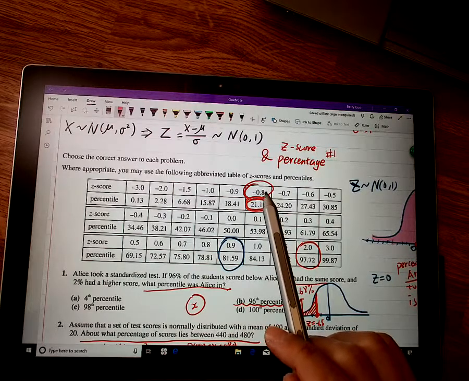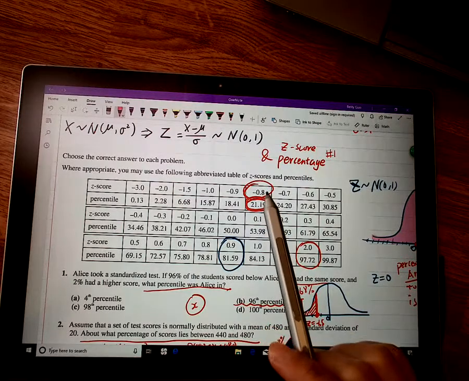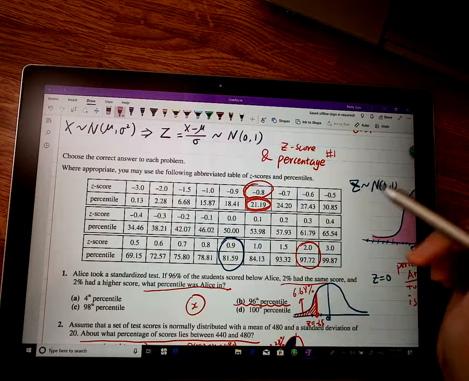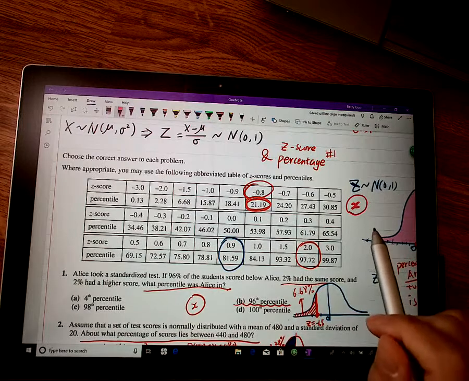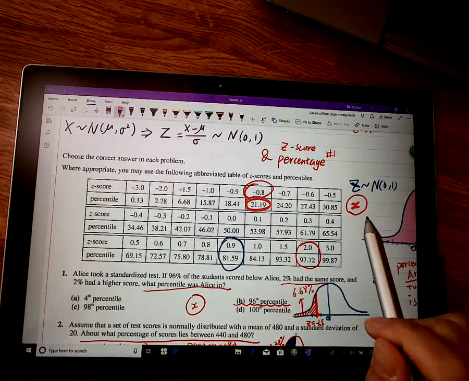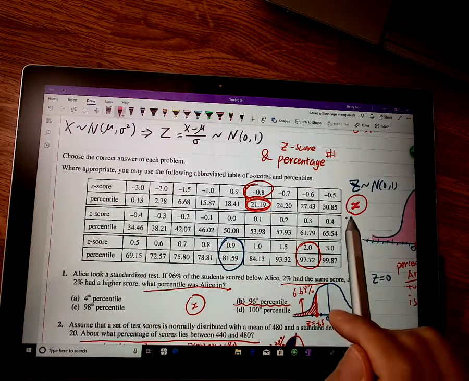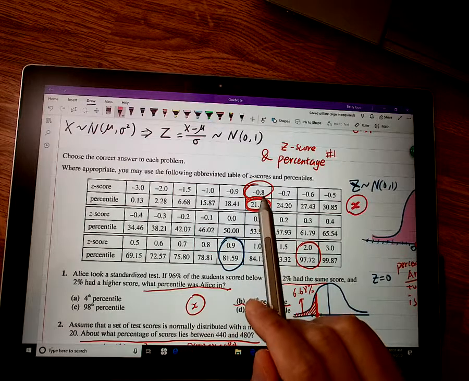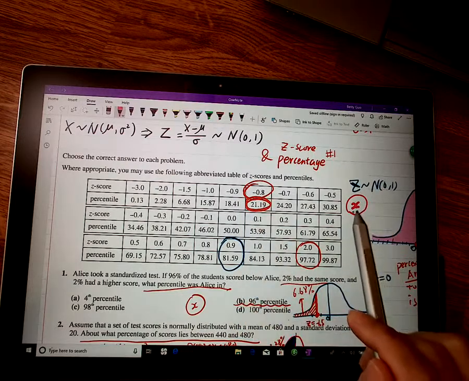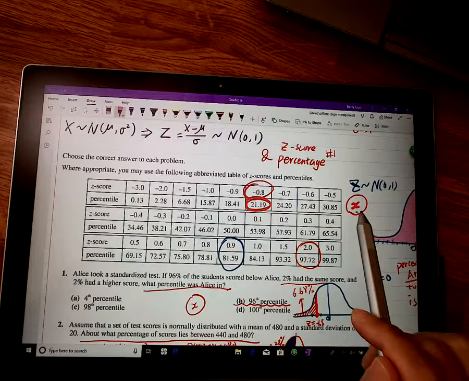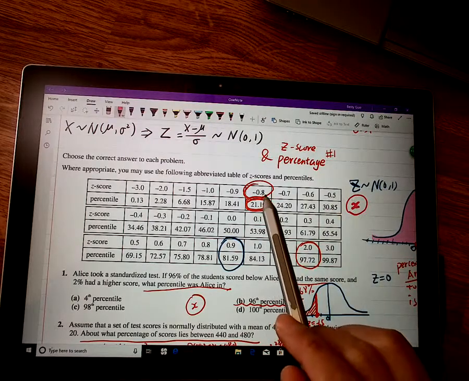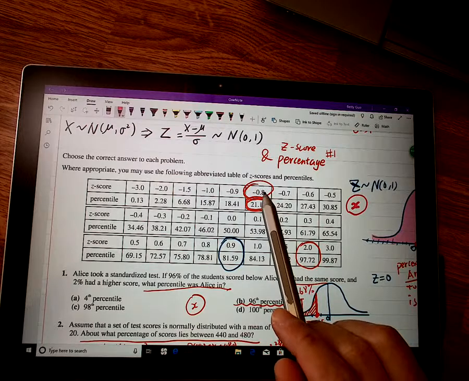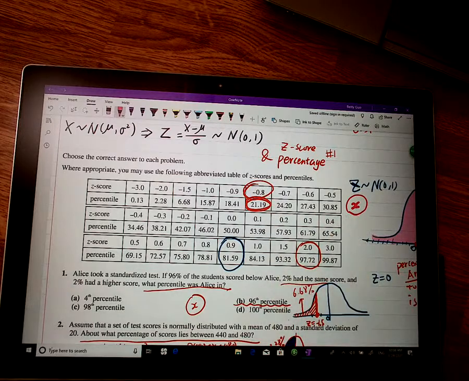What if the z-score is -0.8? Means what? Means the value that you concern, we use lowercase x, the value that you concern in a population, the z-score of that value is -0.8. Means what? Means the value that you concern is below the average, 0.8 standard deviation below the average.